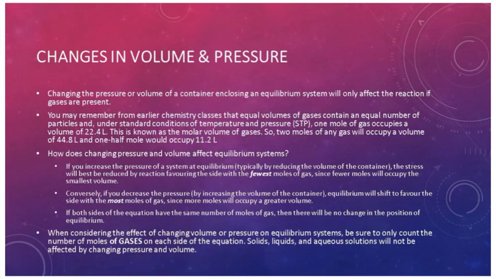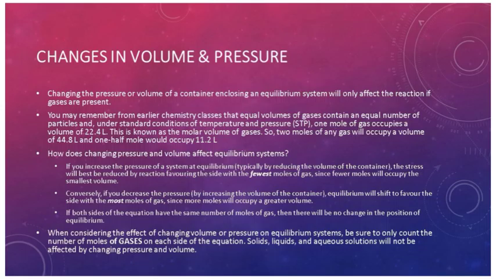Changes in volume and pressure. Changing the pressure or volume of a container enclosing an equilibrium system will only affect the reaction if gases are present. You may remember in earlier chemistry classes that equal volumes of gases contain an equal number of particles, and under standard conditions of temperature and pressure, STP, 1 mole of gas occupies a volume of 22.4 liters.